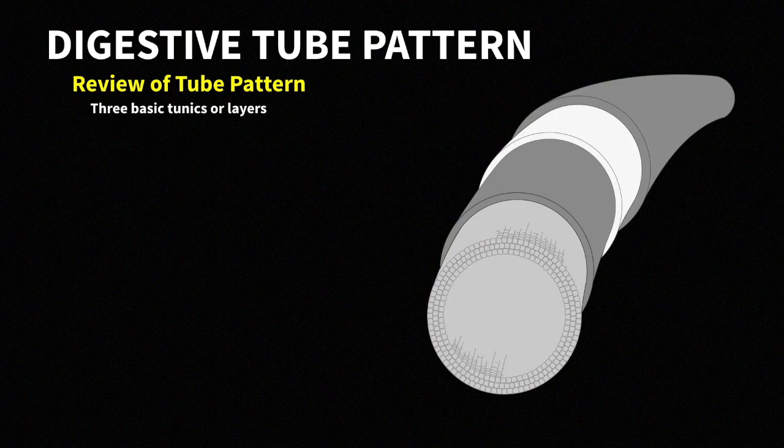Let's review the pattern of tubular systems before applying this pattern to the digestive tubes. From deep to superficial, the structural pattern of tubular anatomy consists of an internal layer, typically comprised of an epithelial tissue and an associated vascular connective tissue, a middle layer that consists of a variable combination of smooth muscle and connective tissue, and an external layer typically consisting of a variably thick, dense, irregular, fibroelastic connective tissue.